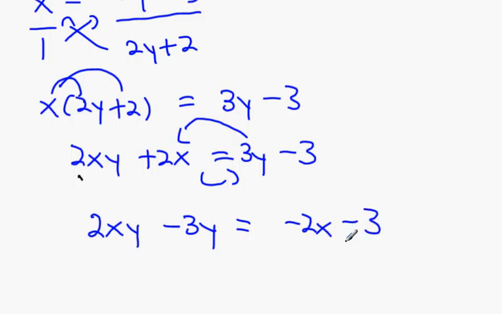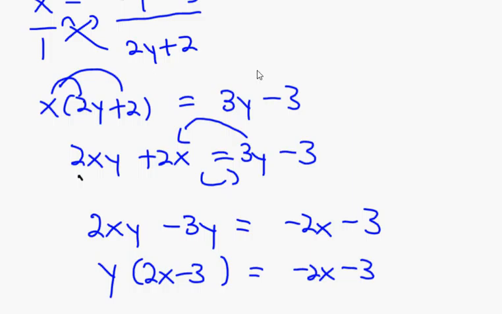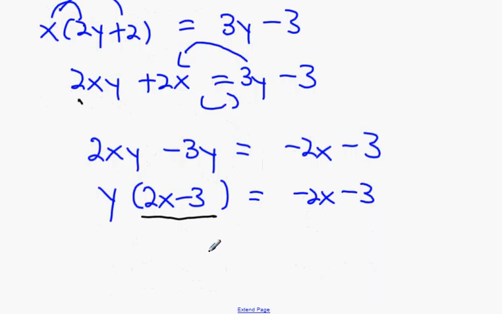Next step, we're going to factorize out the y. And what happens when we factorize out the y? You're turning 2 y's into 1 y and you get y times 2x minus 3 equals minus 2x minus 3. Now where does the 2x minus 3 go? Underneath, and what do you get?